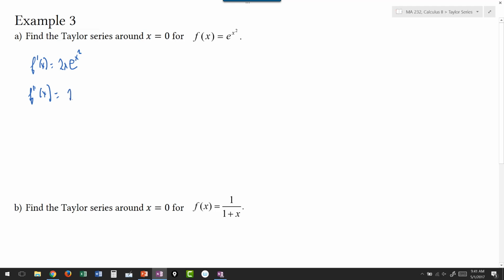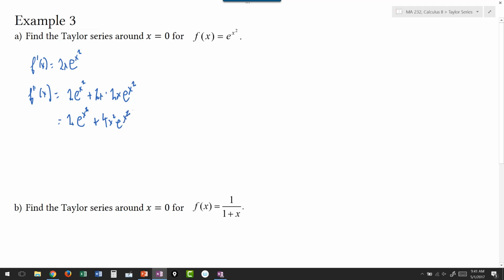We get derivative of the first times the second plus the first times the derivative of the second, which again requires the chain rule. So this would end up being 2e to the x squared plus 4x squared e to the x squared.